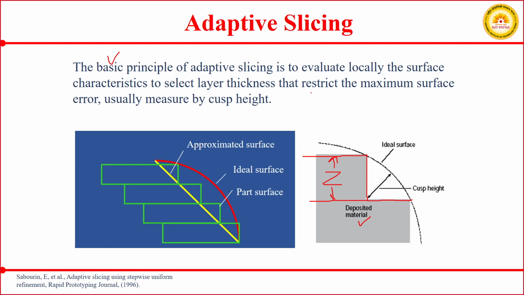Select a layer thickness that restricts the maximum surface error, usually measured by cusp size. Suppose in this case the maximum error will be this much.